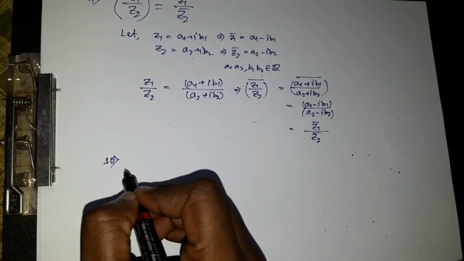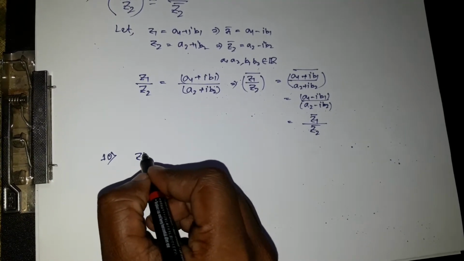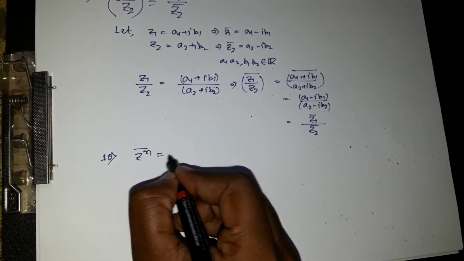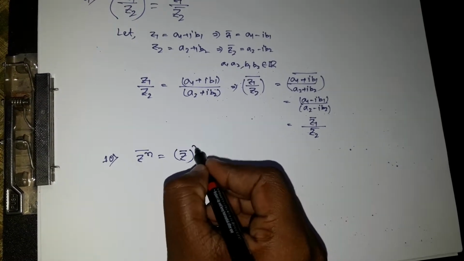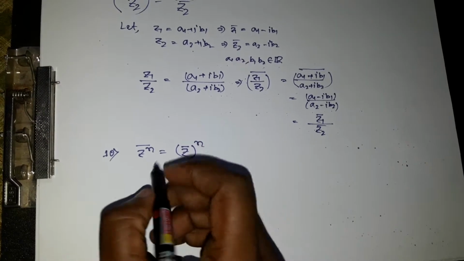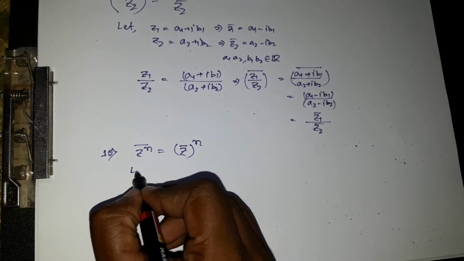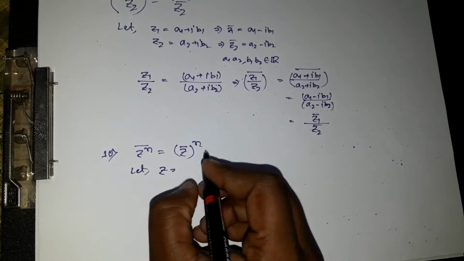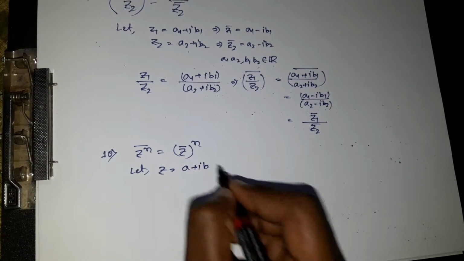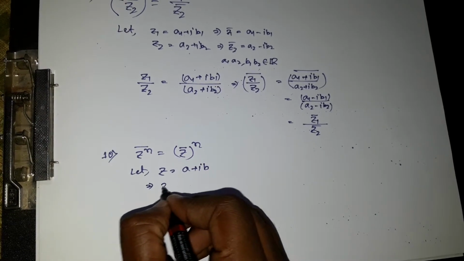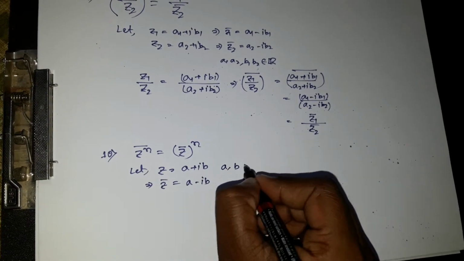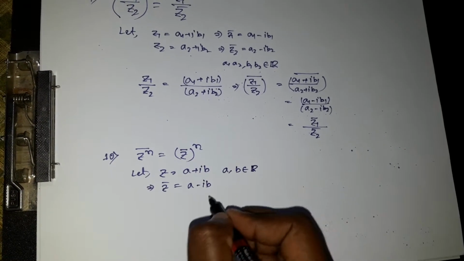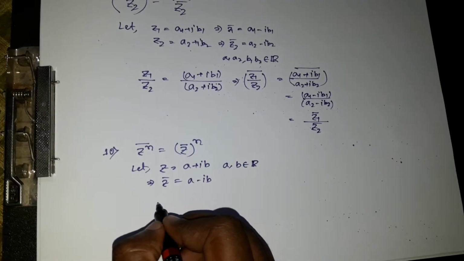Z to the power n whole bar is equal to z bar whole to the power n. Okay, with a similar method, let us suppose that z equals a plus ib, which implies z bar is equal to a minus ib, where a and b belong to the set of all real numbers.